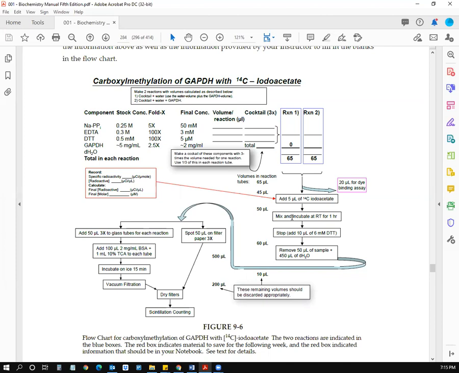The total amount of radioactivity, of course, we would then convert with more conversions to the total amount of iodoacetate, total amount of sulfhydryl groups, total amount of cysteine residues. And then we can find that ratio of how many cysteines there are per GAPDH.